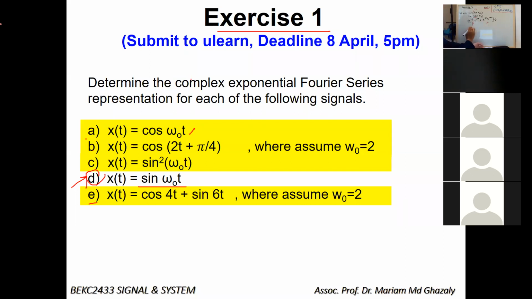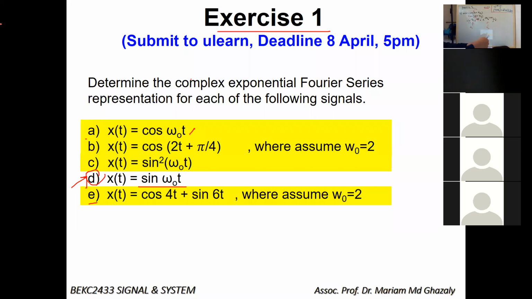What is the value here? K equals 1, right? Because here K equals 1, so you have A1, and this one is the minus, so K equals minus 1, so you have A minus 1.